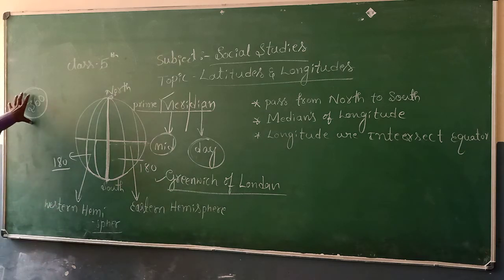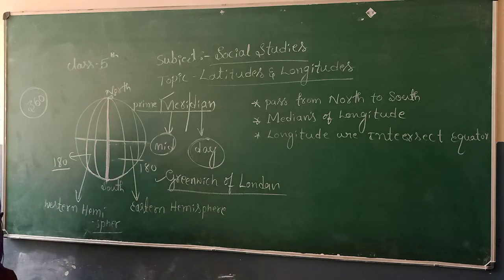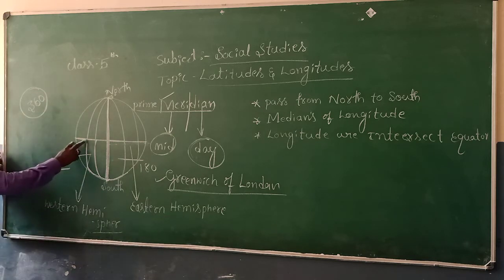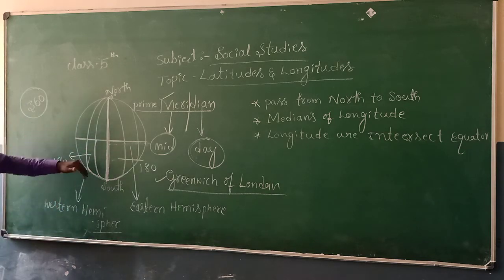The prime meridian passes through Greenwich in London. Longitudes pass from north to south and are called meridians of longitude. Longitudes intersect the equator at right angles, and the distance between two longitudes is greatest at the equator and decreases as the distance from the equator increases.